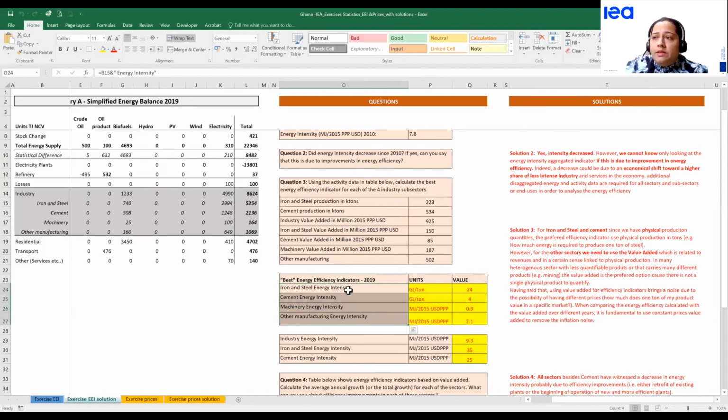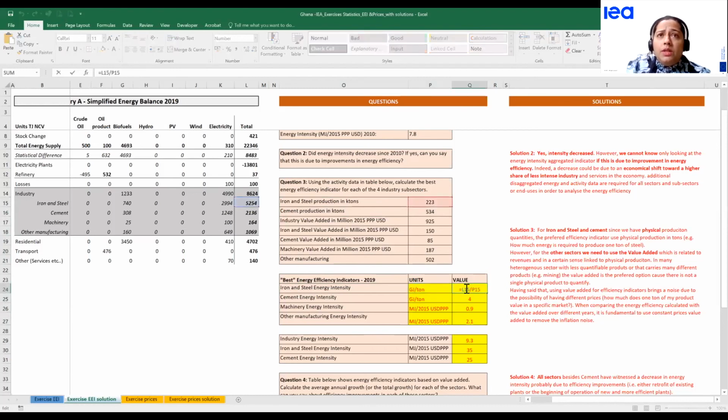So for iron and steel and cement, since we have the physical production quantities here, the preferred efficiency indicator is to use the physical production in tons. So how much energy is required to produce, for example, 1 ton of steel? So here the preferred unit would be gigajoule per ton.